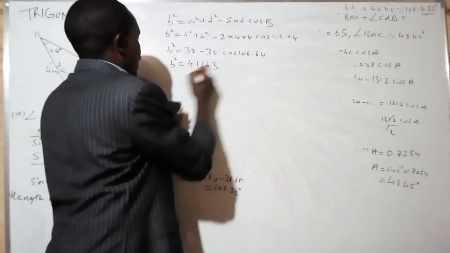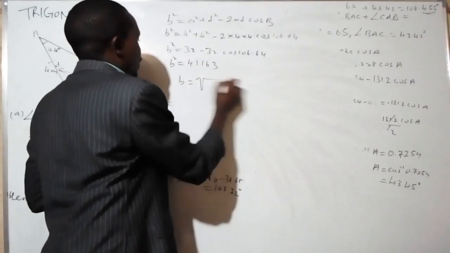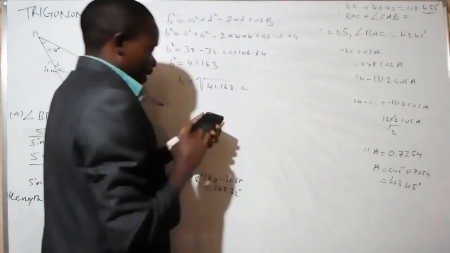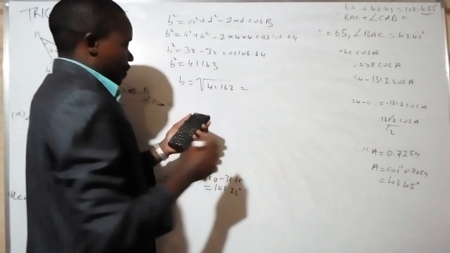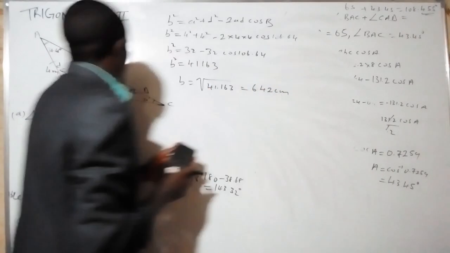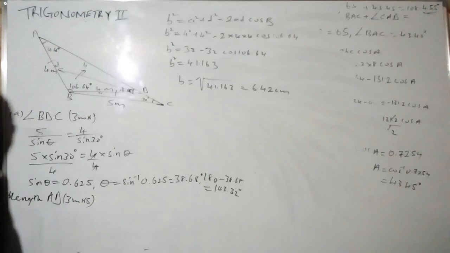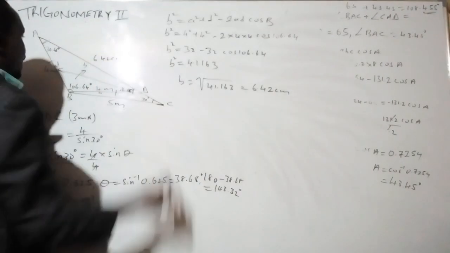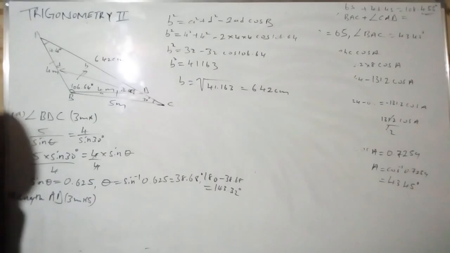B is equal to square root of 41.163, answer is 6.42 centimeters. Yeah, this side is 6.42 centimeters like that.